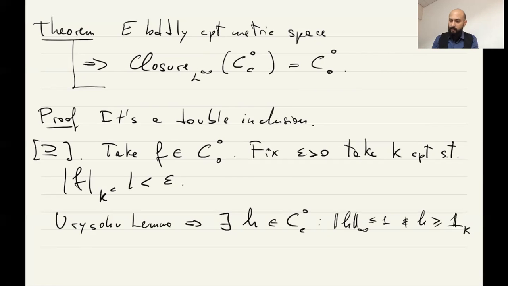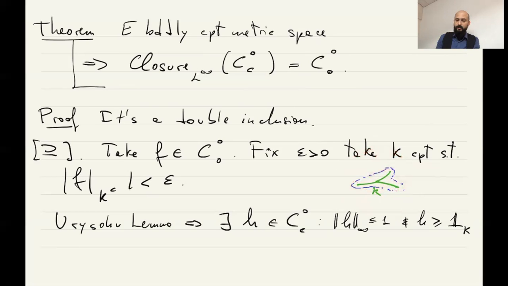So remember, the picture was we have some K, and then we have a function that decreases in a neighborhood of K. So it is 1 on K, it goes to 0 continuously, and then outside a neighborhood of K, still bounded, and therefore inside a compact set, it is going to be 0.